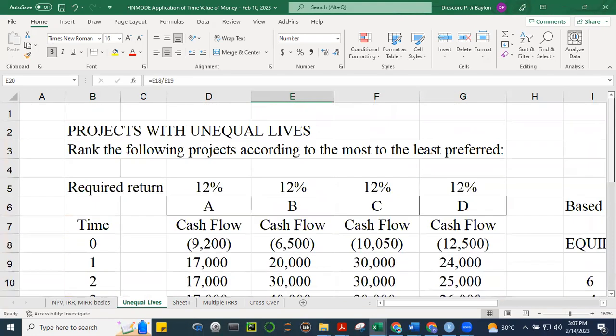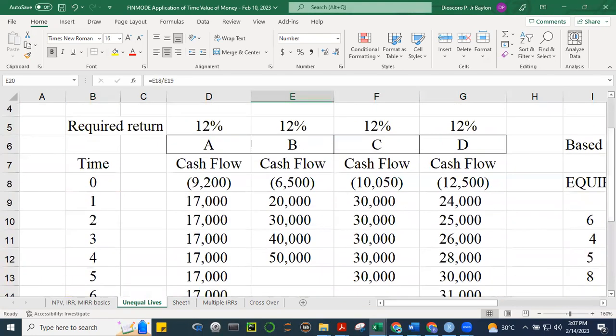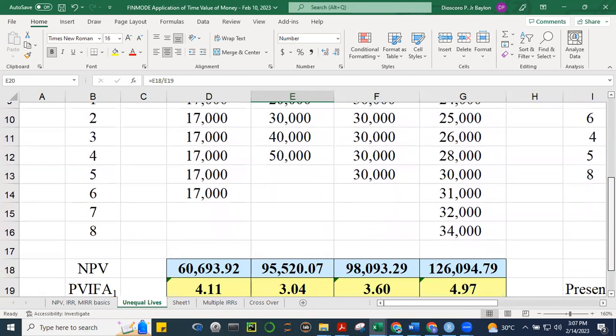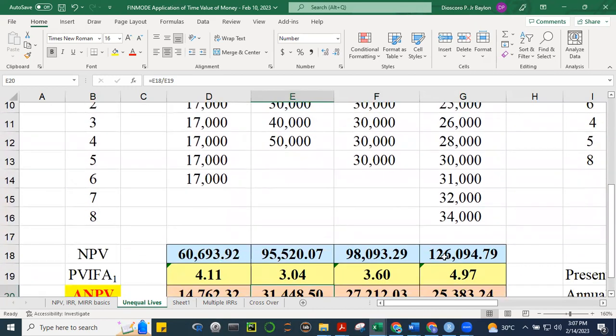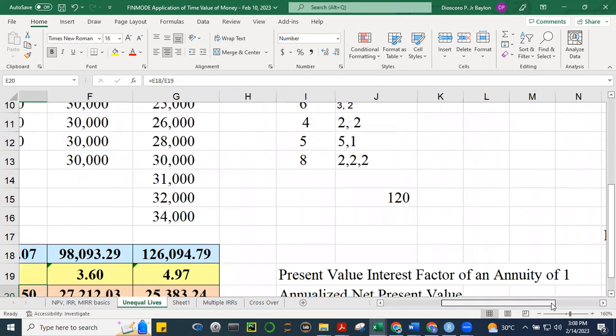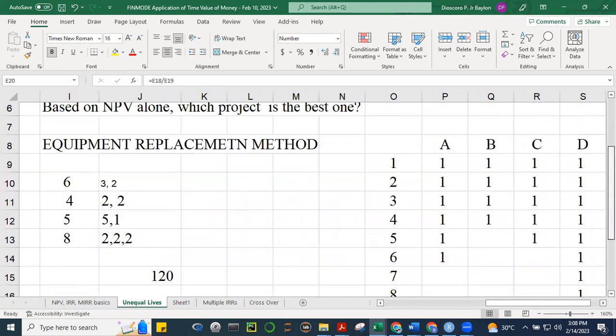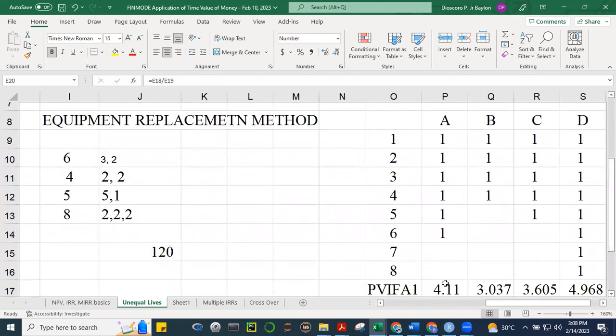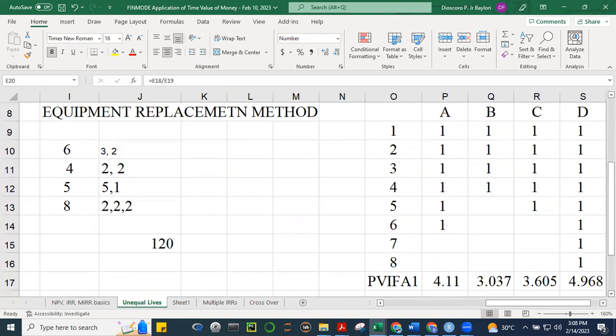Okay, so when you have projects with unequal lives, what you have to do is compute the net present value and then compute the present value interest factor of an annuity of 1. So how did we compute this? The idea is to create an annuity of 1 and get the present value depending on the number of years.